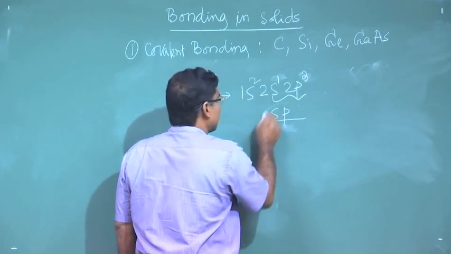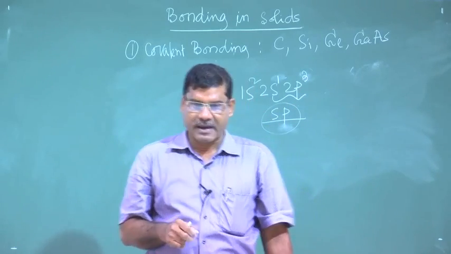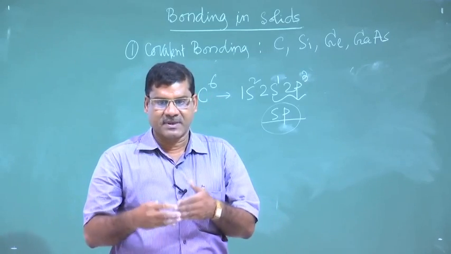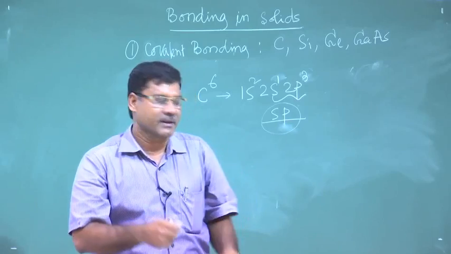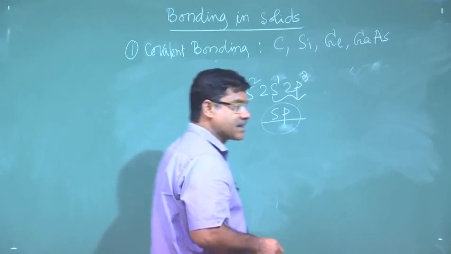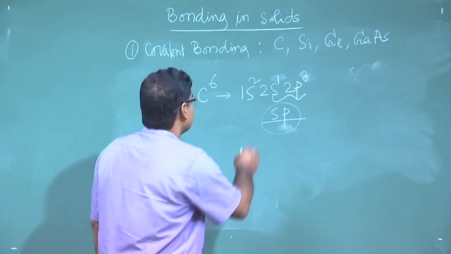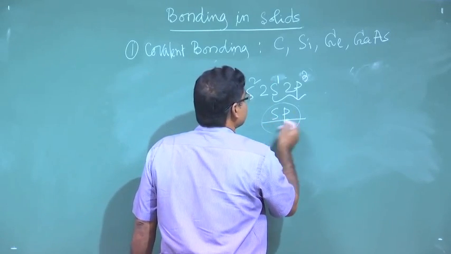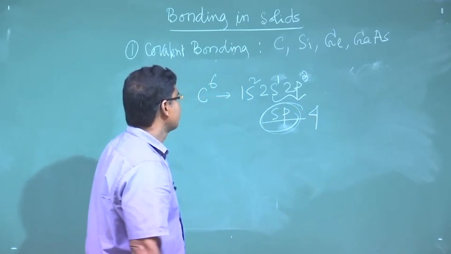They are equivalent, but they are directional. So, these equivalent 4 electrons are there.